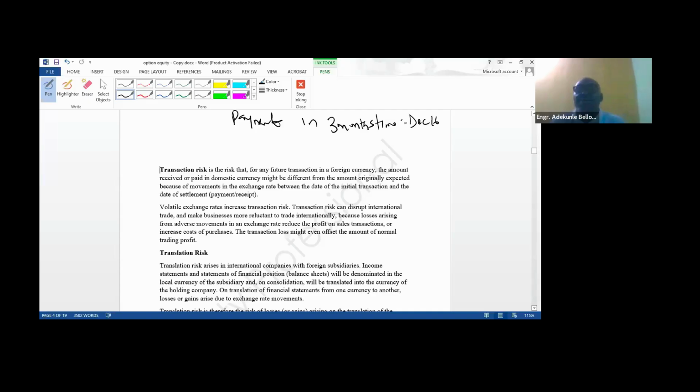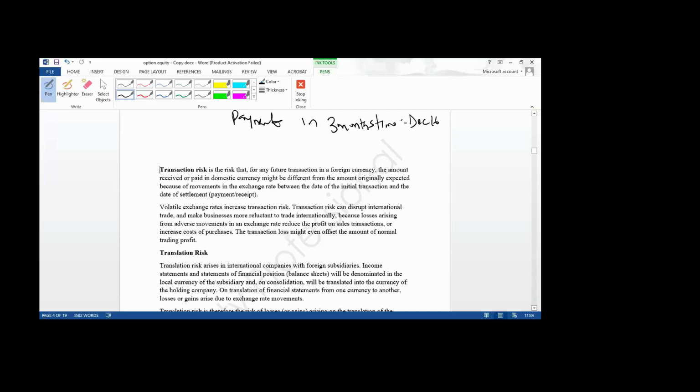I'm not the one that will tell you whether to use purchasing power or interest rate parity. It's a function of what the question says, and we have not gotten to the question. Is that clear? So, at least understand the principle first.